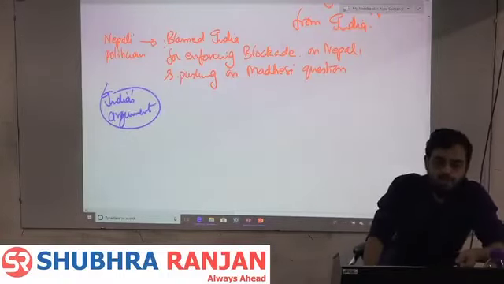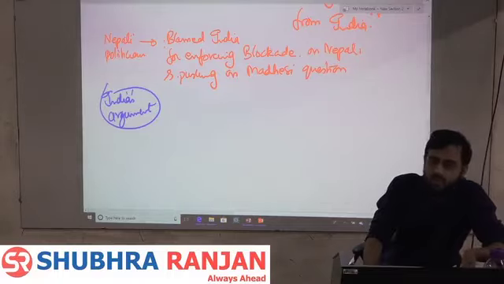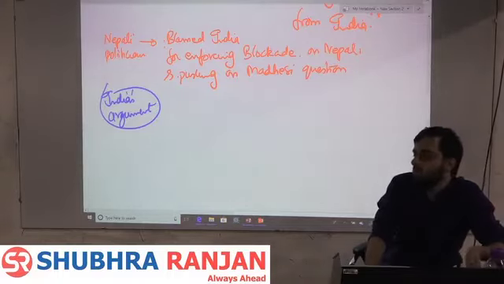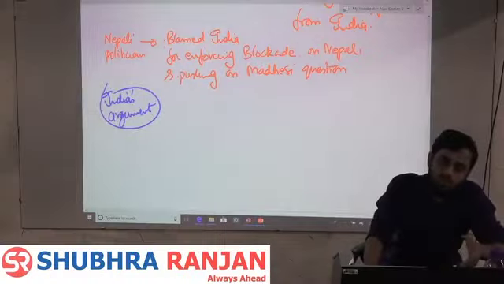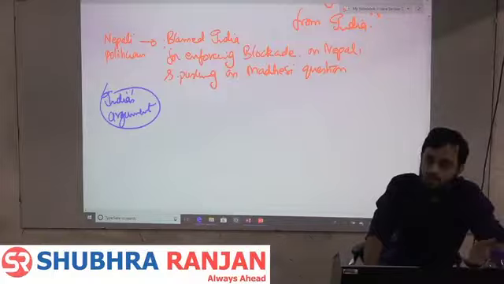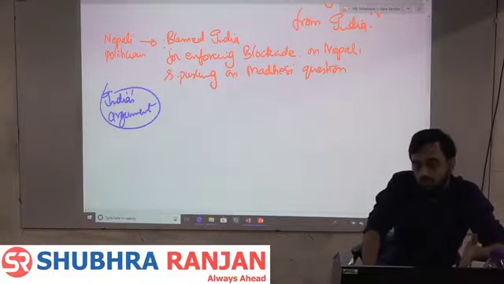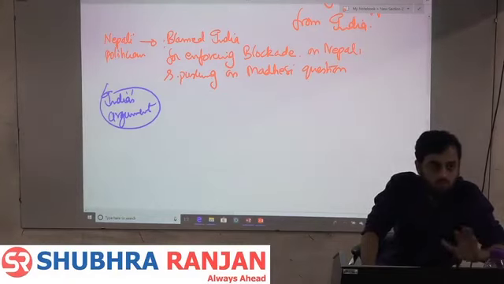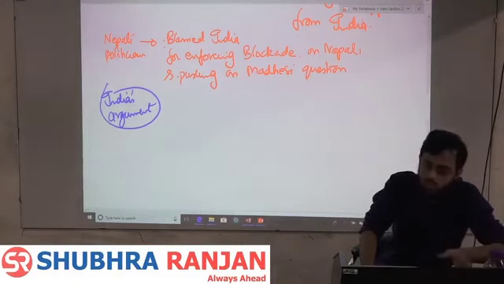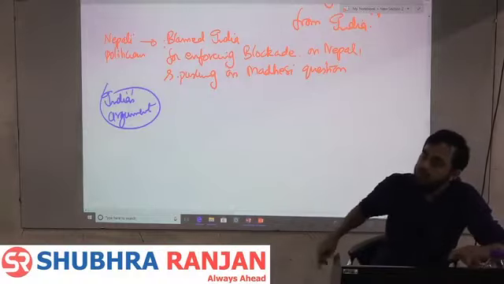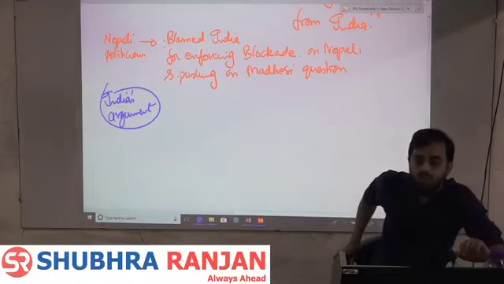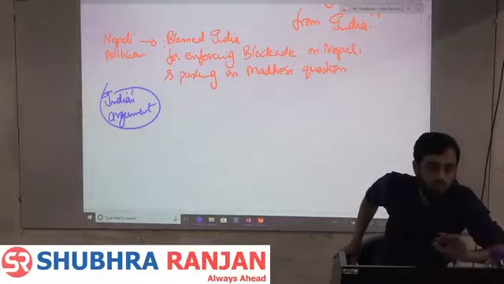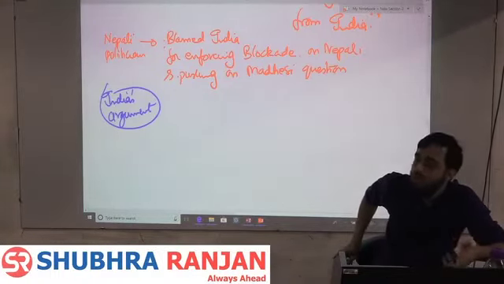There is political instability and there is violence in the Terai region, because of which no transporter is willing to take fuel. Roughly around 300 trucks carry fuel to Nepal every day from India through the Terai region. Now, because of violence in the Terai region, no fuel transporter is willing to put his logistical fleet of tankers at risk, because there can be violence. So, no private supplier is willing to take the supplies to Nepal. What can India do?